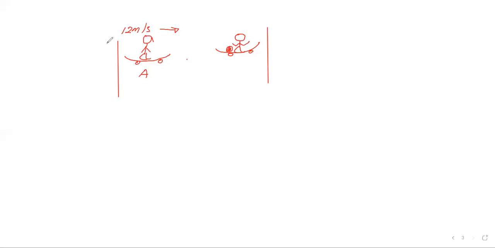The mass of this boy is 40 kg, and the mass of the ball is 1.2 kg. The velocity after the ball has been thrown, of the whole system, is unknown.